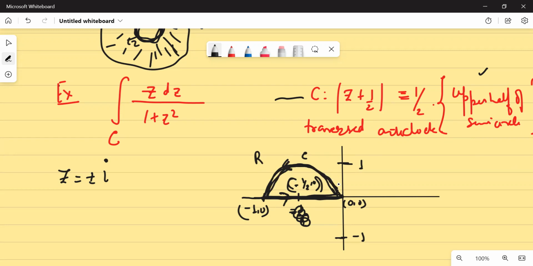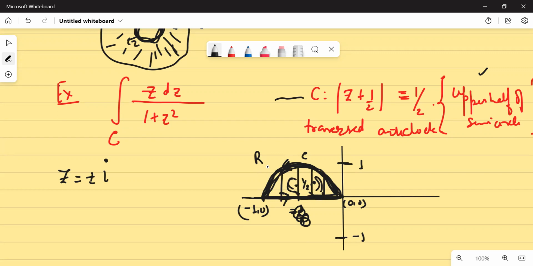Okay, and if I have to integrate over this closed upper half of the semicircle, is it not equal to integrating over this x-axis?